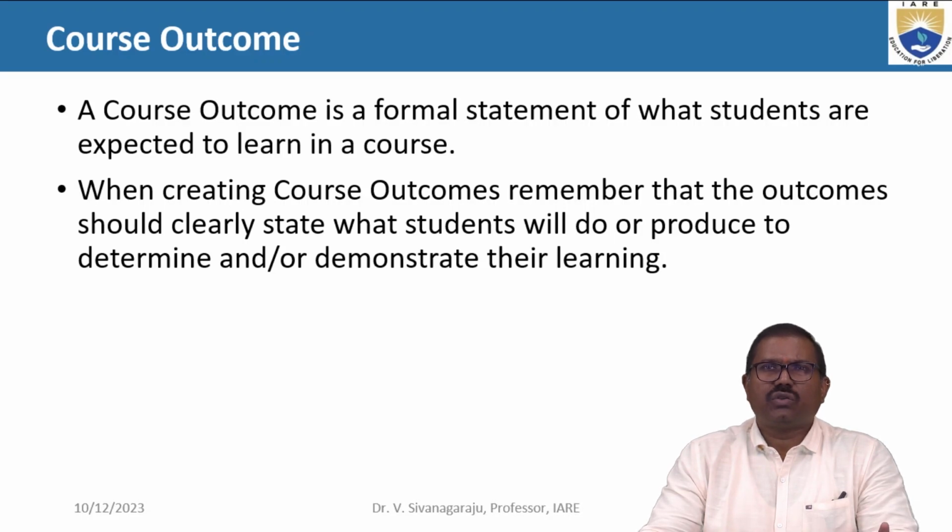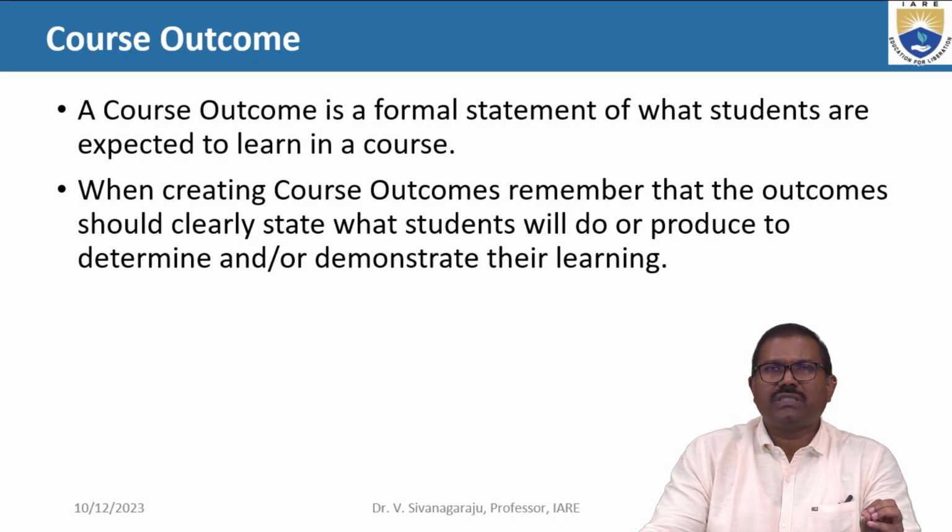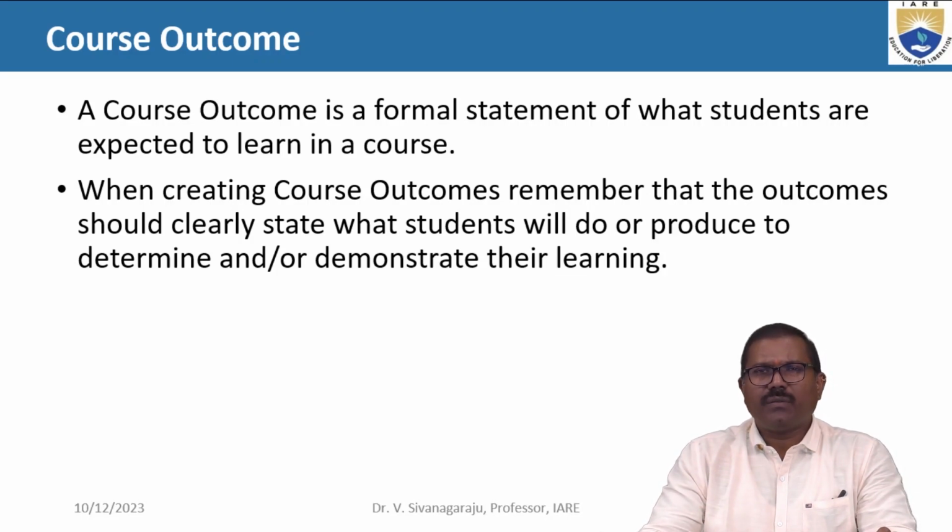The course outcome is a formal statement of what students are expected to learn in that course. When creating course outcomes, remember that the outcomes should clearly state what students will do or produce to determine and or demonstrate their learning. So they should be clear.